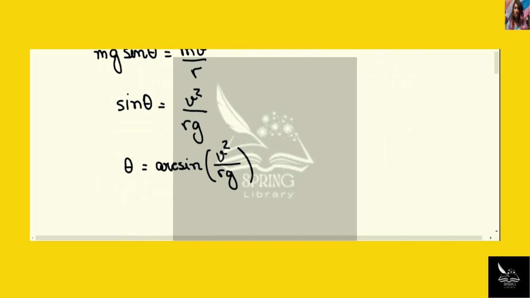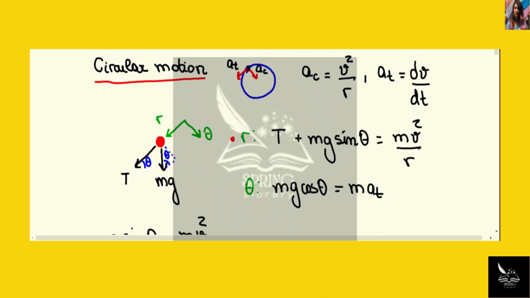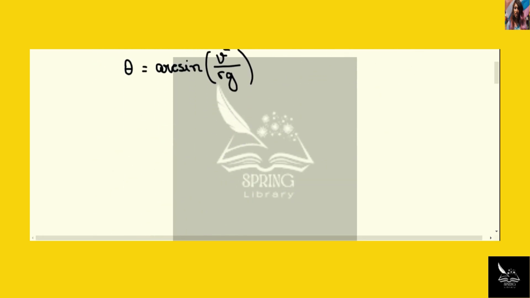So in order to do that, I'm going to use the second equation for theta here. Okay, so we have that g cosine of theta is equal to a_t. Remember that a_t is dv dt, so I'm going to multiply both sides by v. So I have v g cosine of theta is v dv dt.